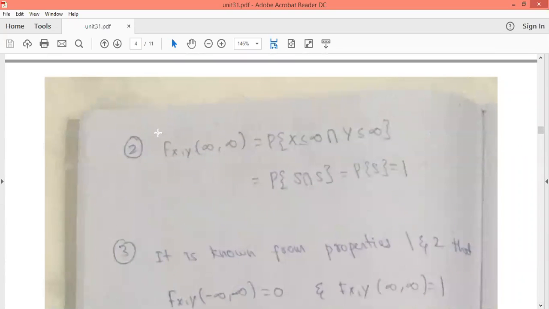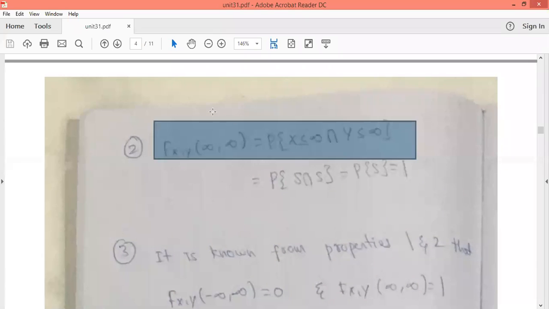Now what is the second property? The second property says that F_XY(∞, ∞) is equal to 1. So this can be written as probability of X ≤ ∞ intersection Y ≤ ∞. Whatever term you are taking here, here we have taken infinity, so we have to take X ≤ ∞, Y ≤ ∞, and the intersection of that.